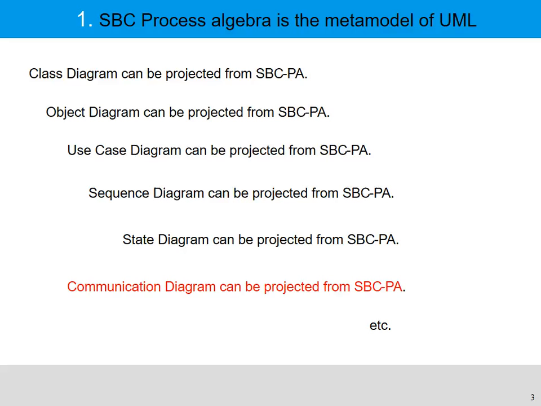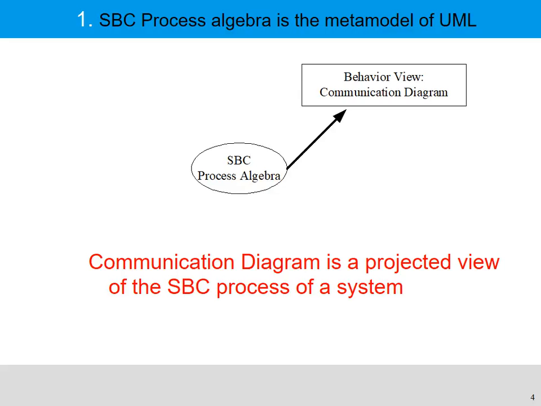Then the communication diagram can be projected from SBC Process Algebra. So we would say the communication diagram actually is a projected view of the SBC process or a system.